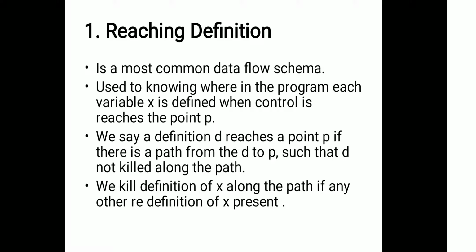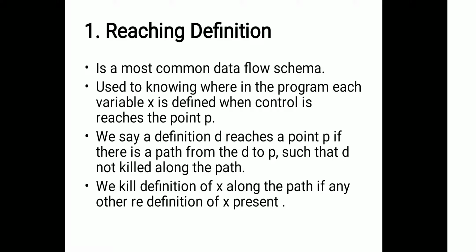It is the most common data flow schema used for data flow analysis, used for knowing where in the program each variable x is defined when the control reaches a particular point P. We follow the execution path of the particular program, and at a particular point we find where the variable x is defined.